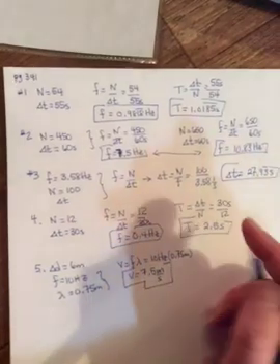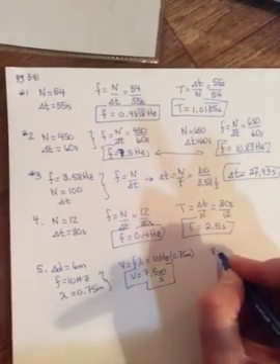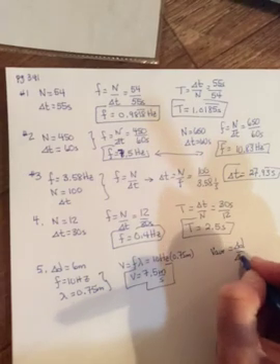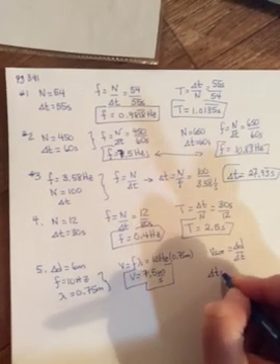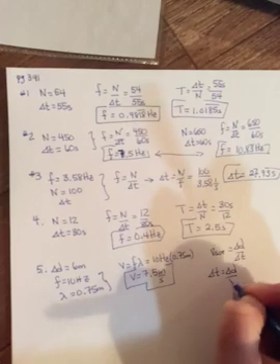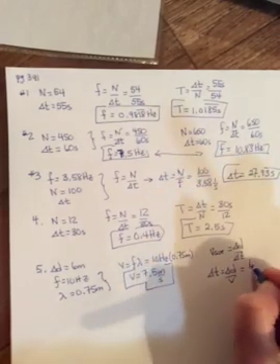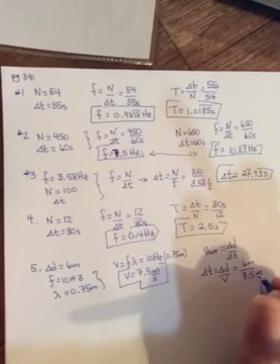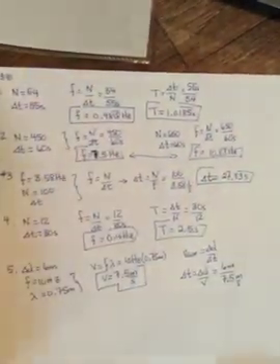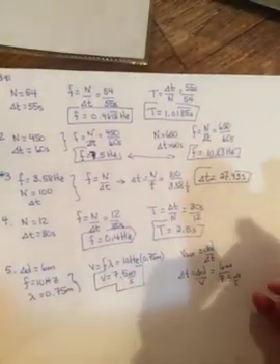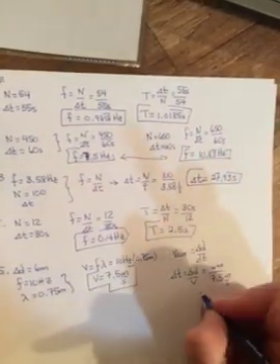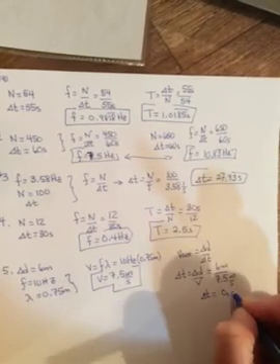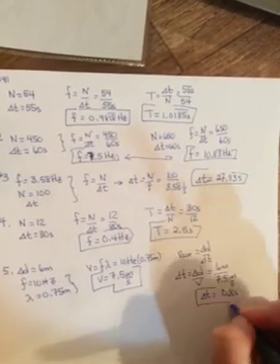Then it wants the time it would take to travel, so we know V is equal to delta D over delta T. So delta T is going to be equal to delta D over V. Delta D is 6 meters, V is 7.5 meters per second. 1.5 goes into both, 4 over 5. Delta T should equal 0.8 of a second.